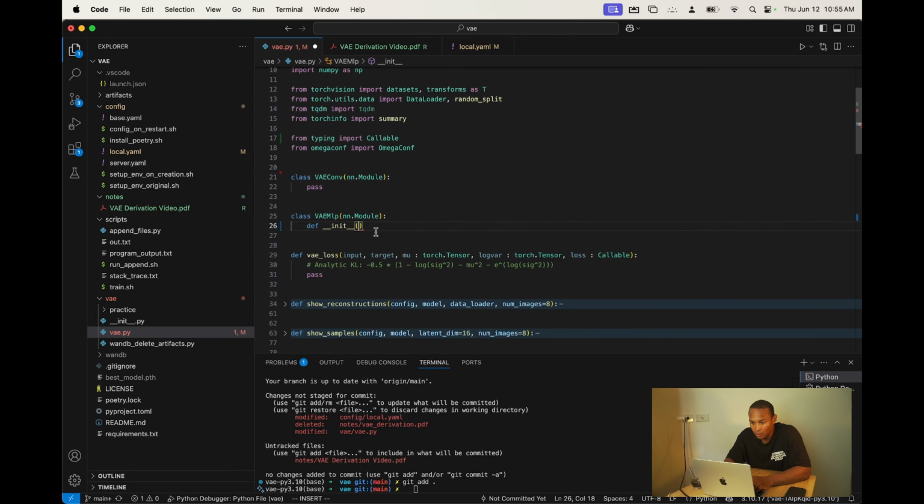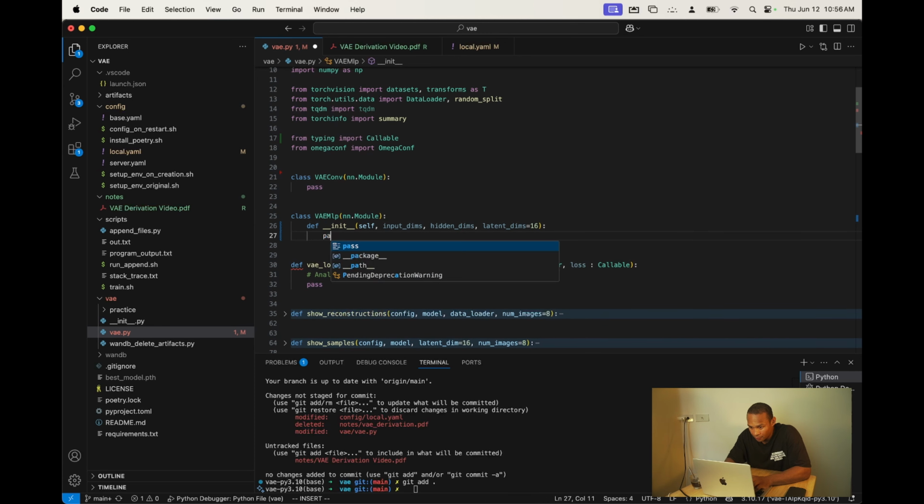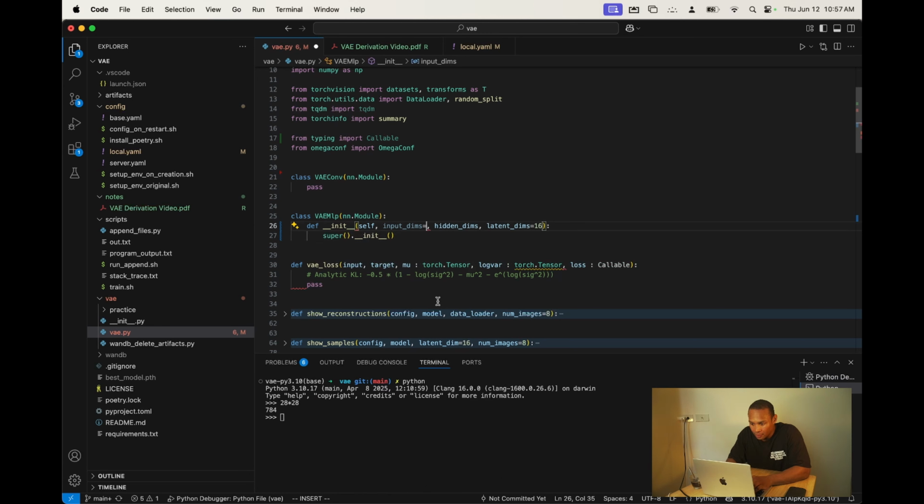Back to our constructor: input dims, hidden dims, latent. So I think 784, that's our flattened 28 by 28 MNIST image.